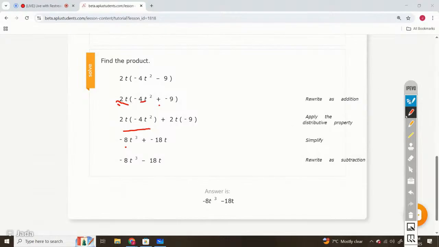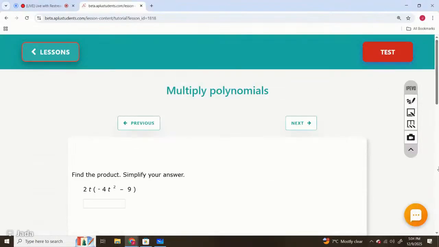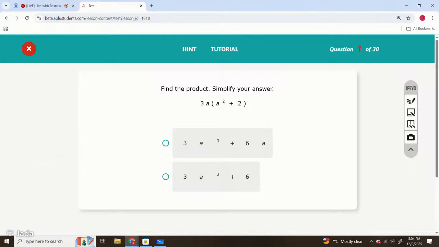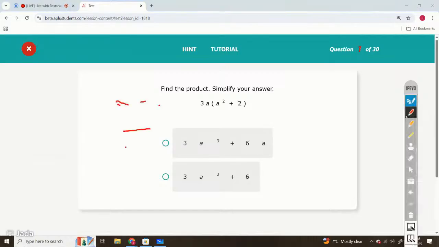Let's just start with the test questions. Find the product 3a times a square plus 2.